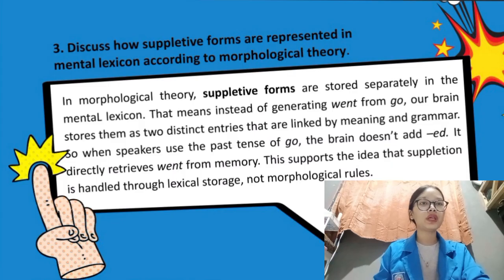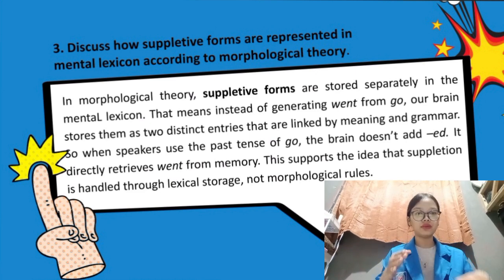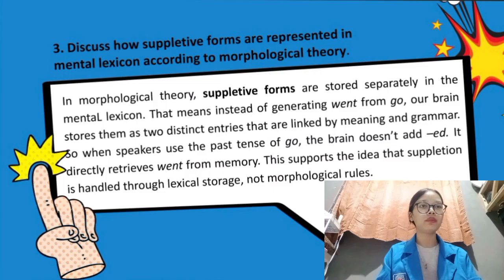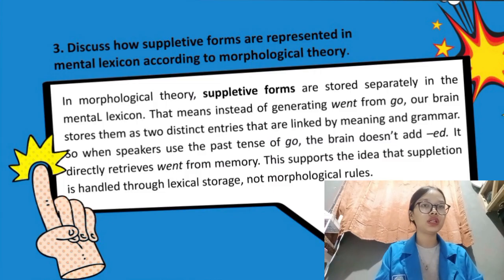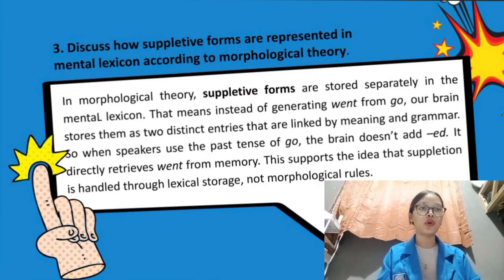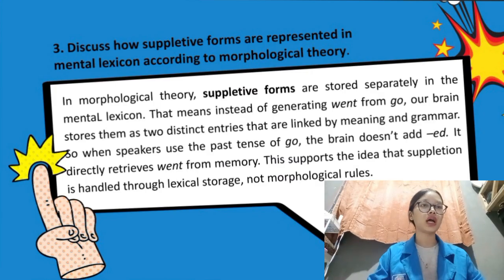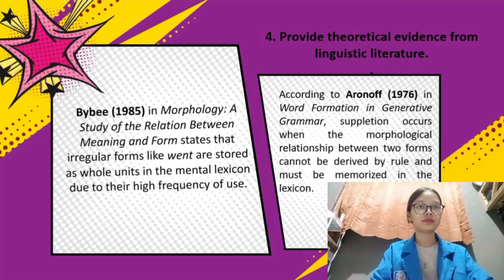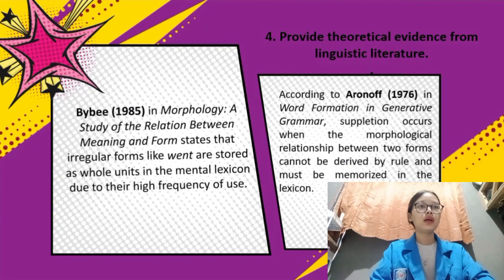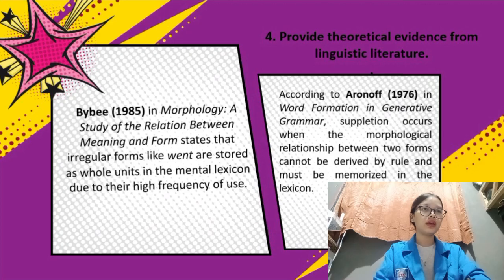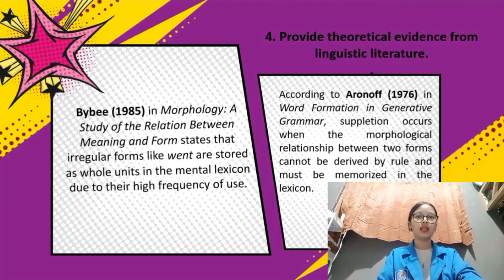So, when a speaker uses the past tense of go, the brain doesn't add -ed directly, it retrieves went from memory. This supports the idea that suppletion is handled through lexical storage, not morphological rules.